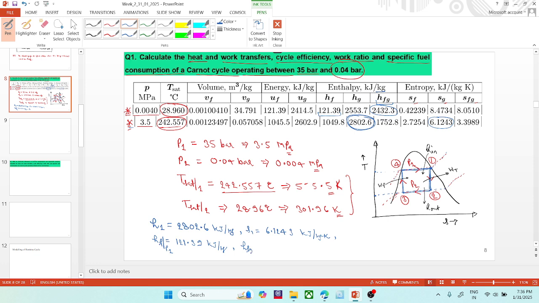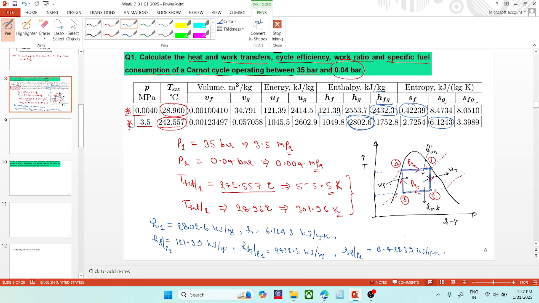Then Hfg for pressure P2 is given 2432.3 kilojoule per kg. Next, the Sf at pressure P2 is given 0.4223 kilojoule per kg Kelvin.